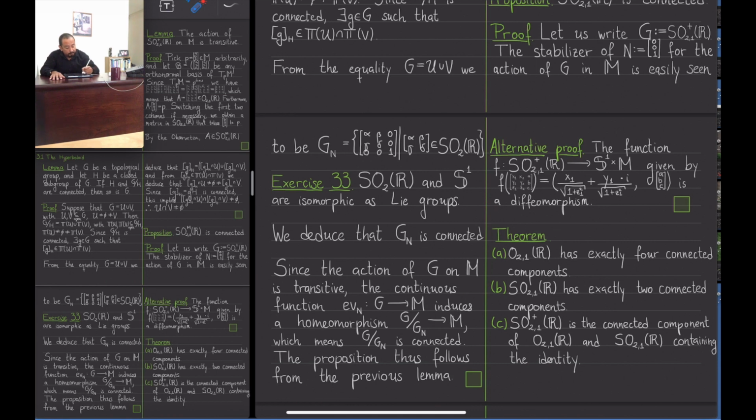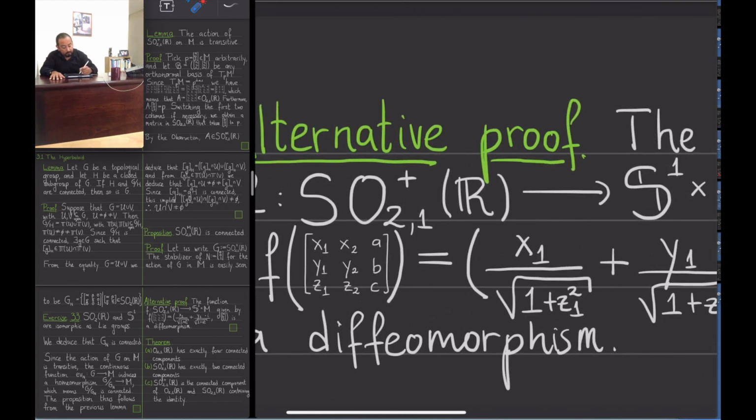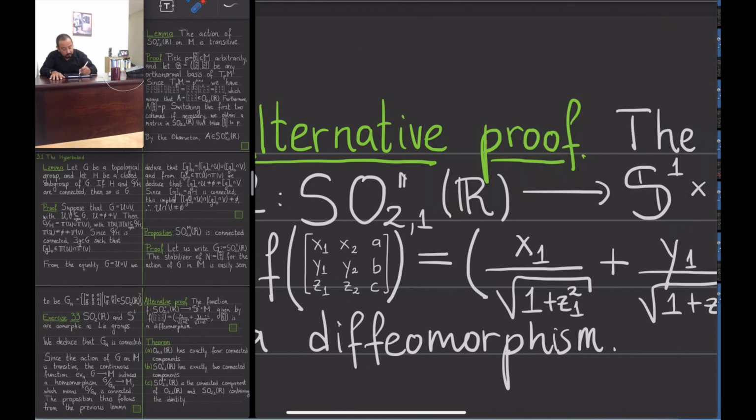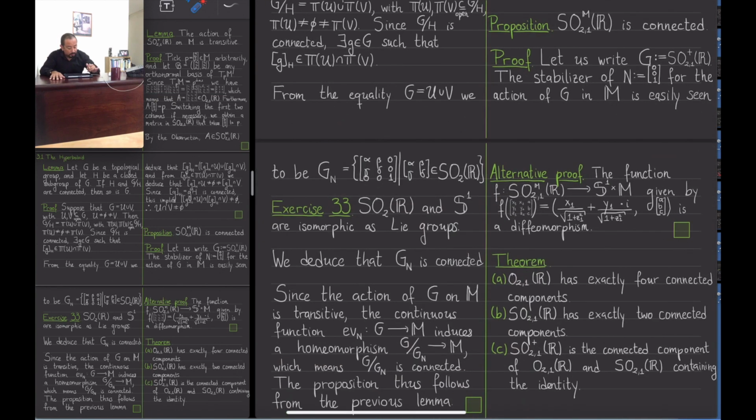So you remember that when we defined this one, recall that we said it would seem that this had two connected components, namely determinant 1 and determinant minus 1.